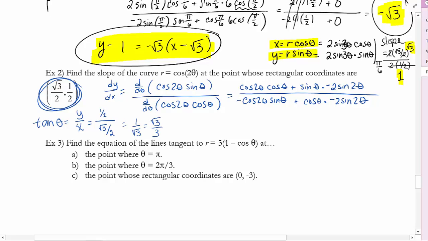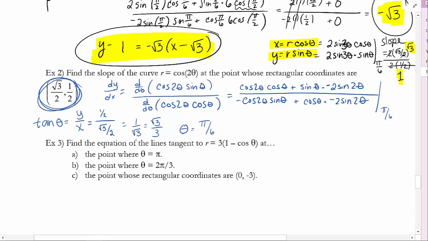So for what value of theta do I get root 3 over 3? I get theta equals pi over 6 again. So there's my value of theta, so I'm going to evaluate that at pi over 6.